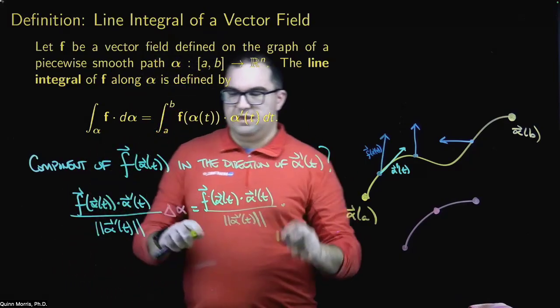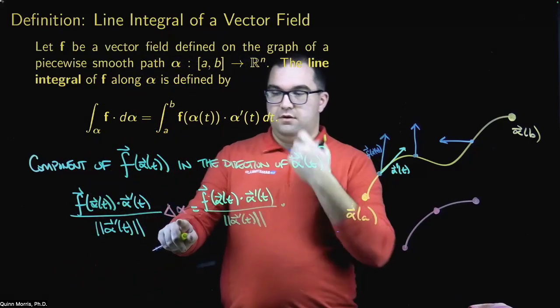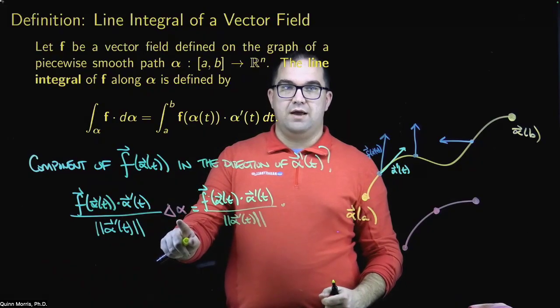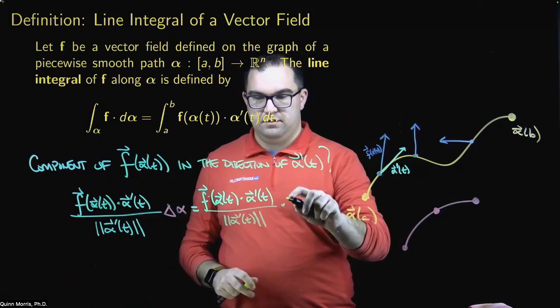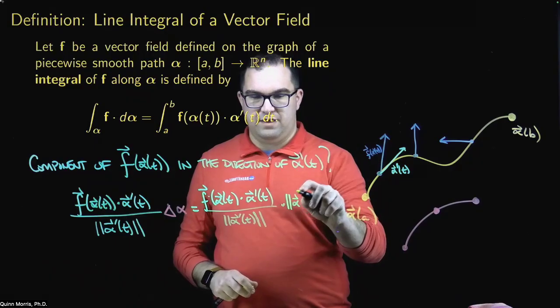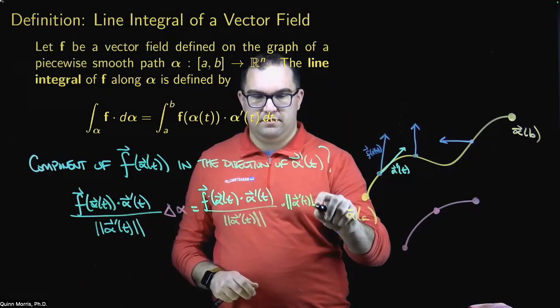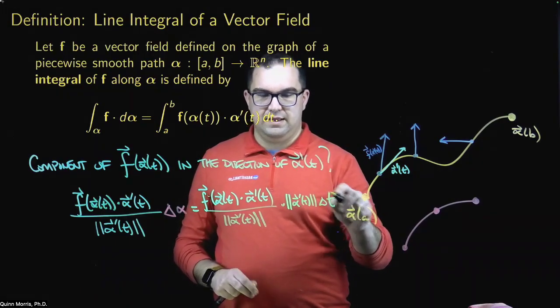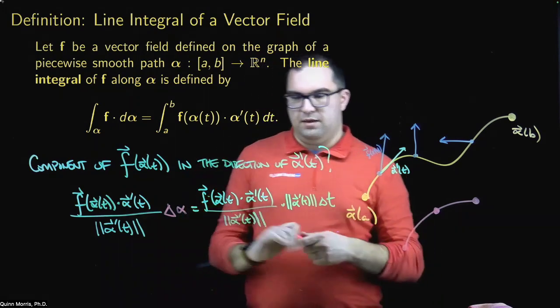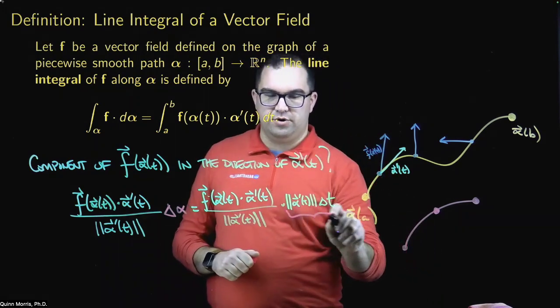Okay. But then this should be equal to the norm of the derivative times the change in time. So the norm of alpha prime of t times delta t. And again, that really is coming from a mean value theorem type argument.